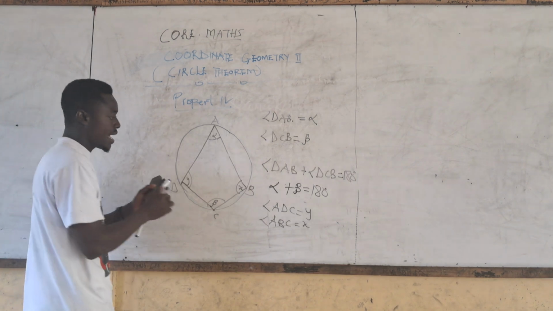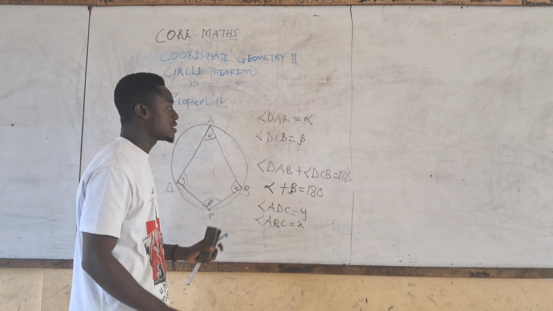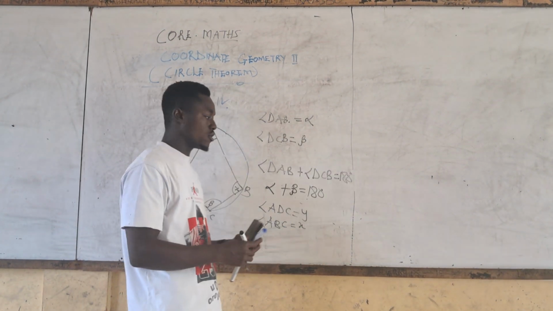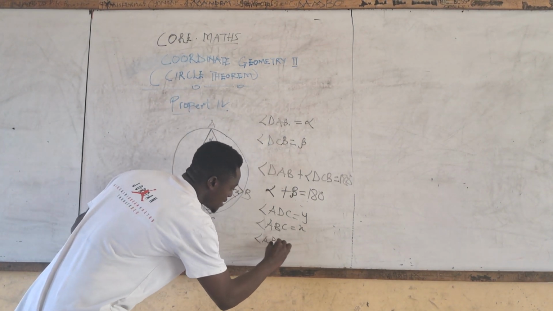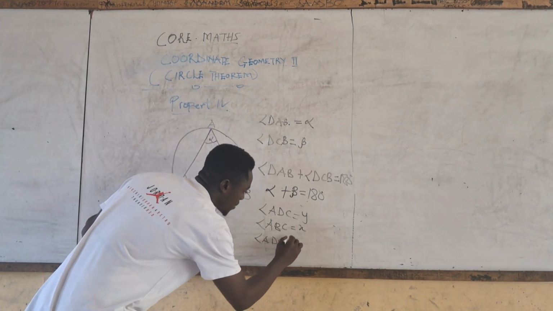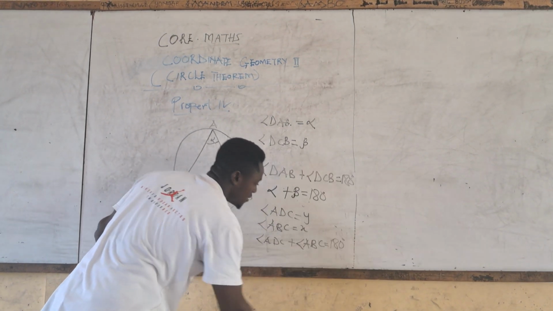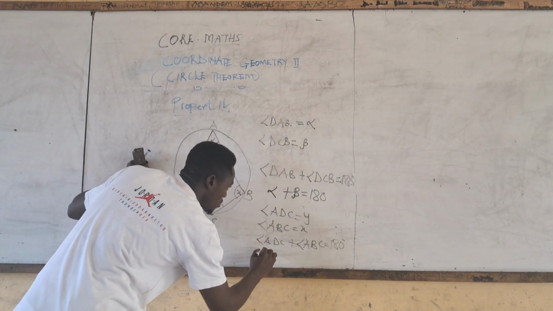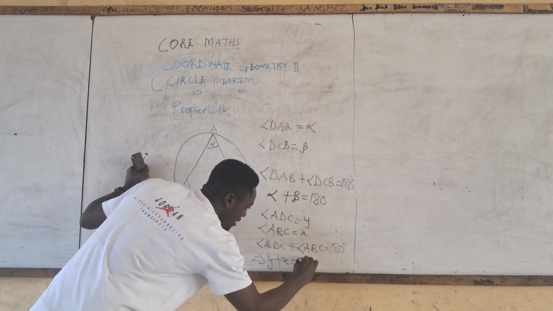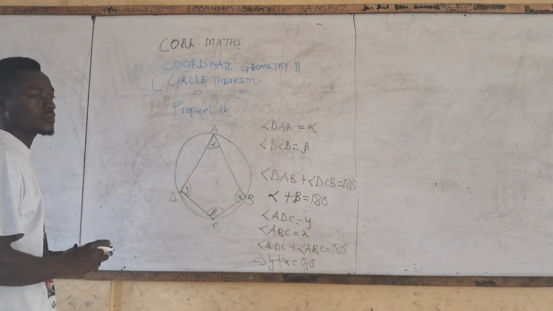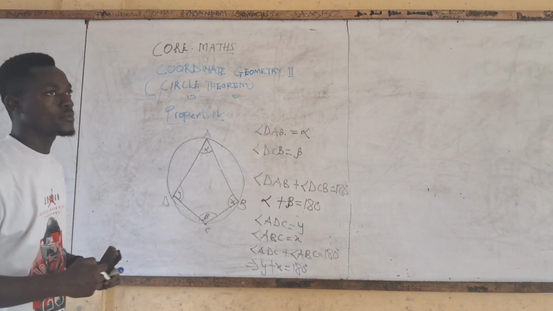Since angle x is opposite angle y, the sum of these two angles adds up to 180. Therefore, we can conclude that angle ADC plus angle ABC equals 180 degrees, which amounts to y plus x equals 180 degrees. So that's all about property 4.